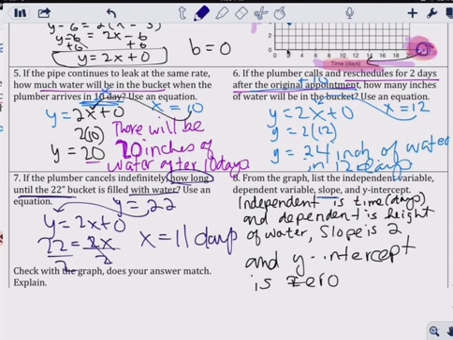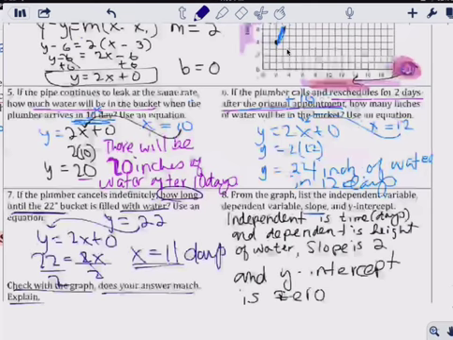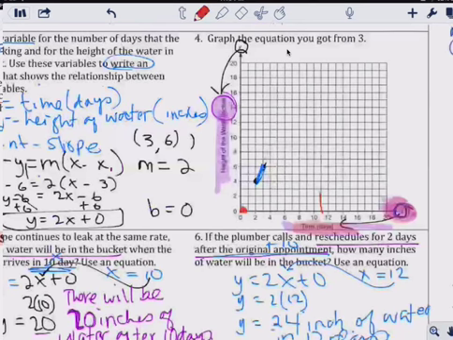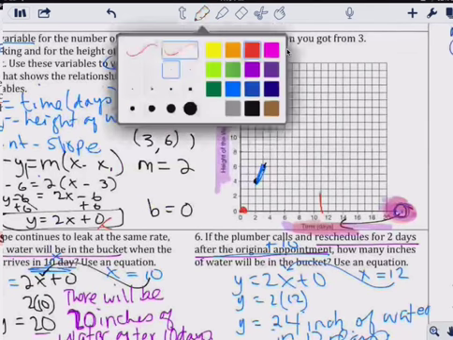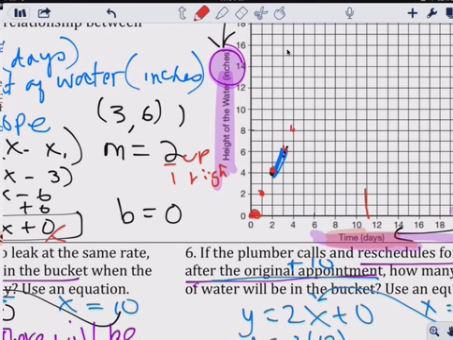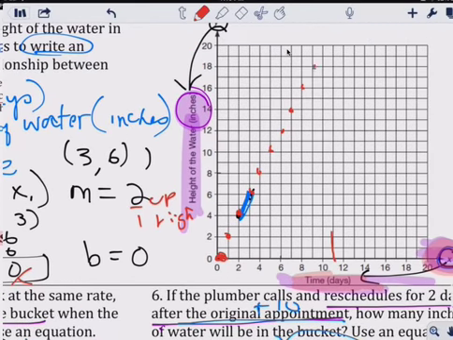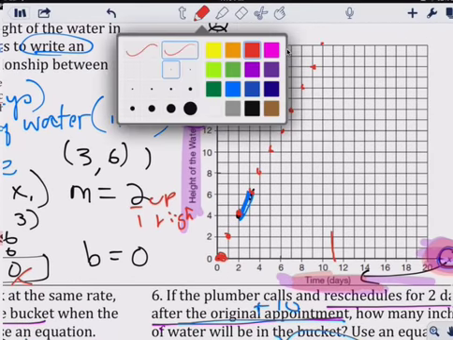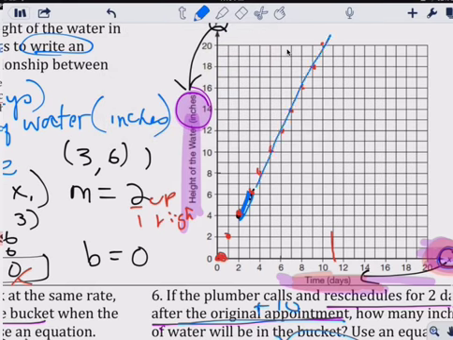Okay, check the graph to match. Check the graph. Does your answer match? Okay, 11 days. Let's look at the 11 days. Right here. Oh, we need to graph this. Sorry. Y-intercept is at 0. Okay, and then you go up to right 1, because the slope is up to right 1. Up to right 1, up to right 1. Okay? And then you connect, notice how it goes through the original 2 points.